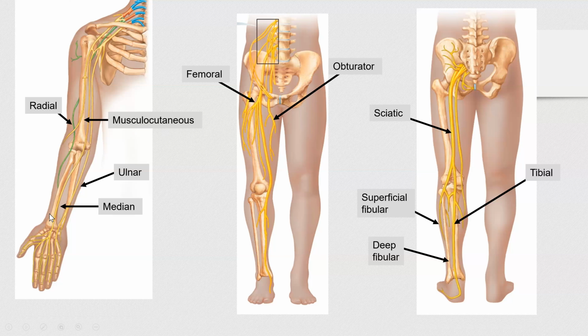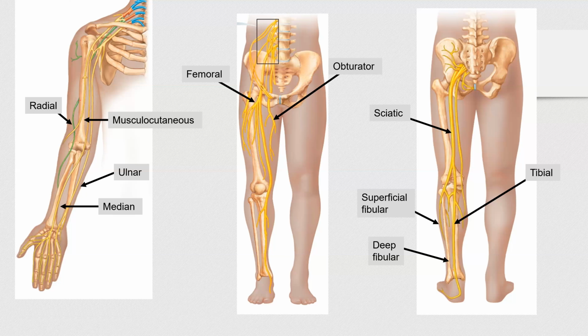So you see how the radial nerve kind of follows your radius on the posterior side. It's shown here in green. Now where your little finger is, you have the ulna bone and you have the ulnar nerve. Right between them, you have the median nerve, right?